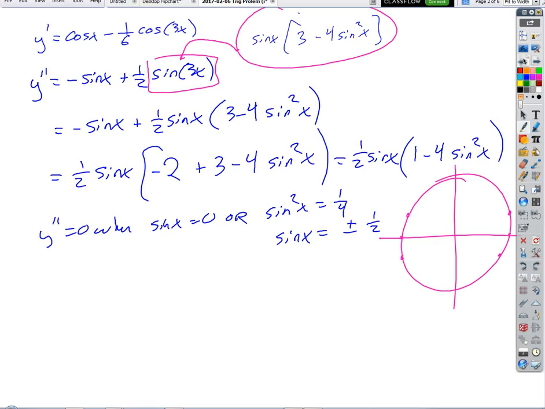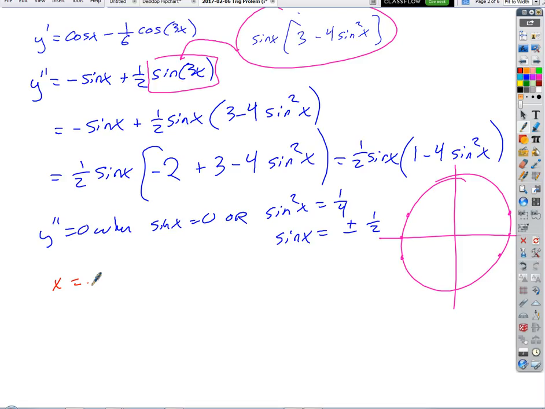So when we plug that in, we're setting the second derivative equal to 0 and solving. We end up getting this relatively horrible function right here. When we set it equal to 0, we get a bunch of critical numbers. Sine x is 0 at 0, pi, and 2 pi.